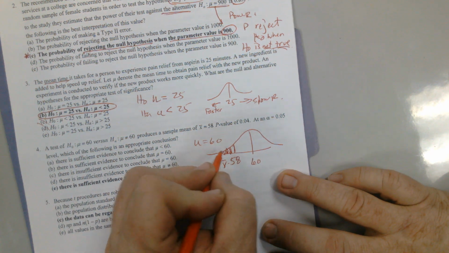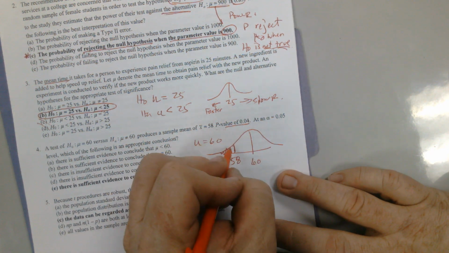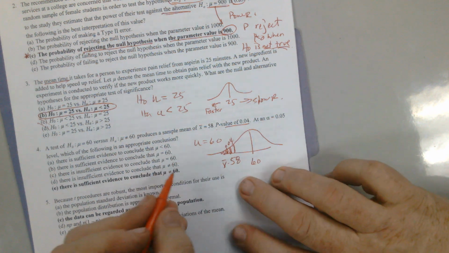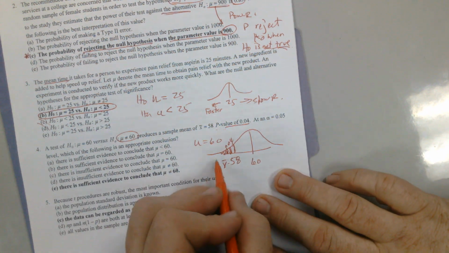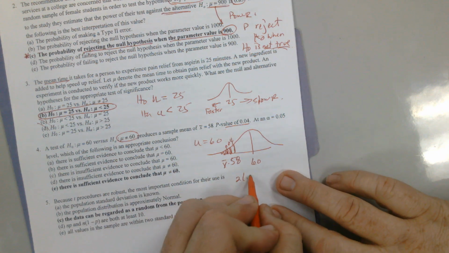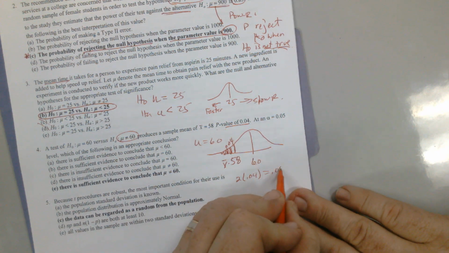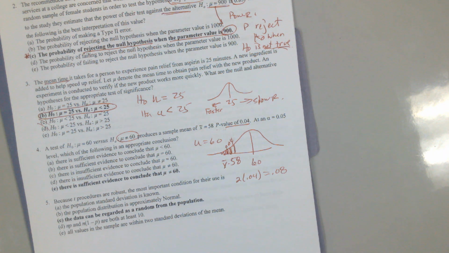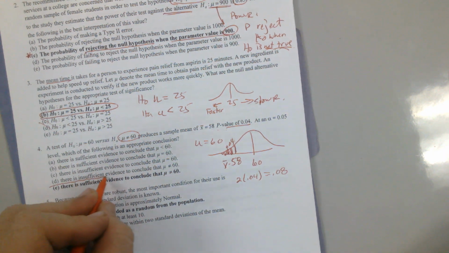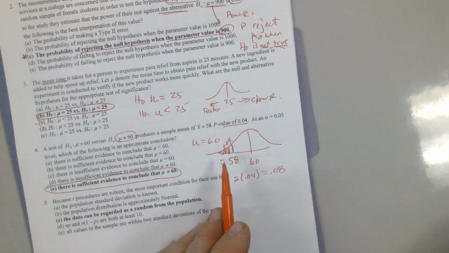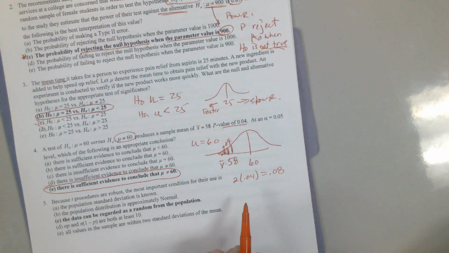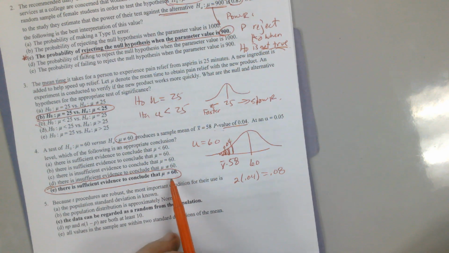So this side here, I would read it as 0.04, but it is a difference. So you're going to have to multiply 2 times 0.04, which gives you 0.08. So that's very interesting that they give you this answer right here, that there is sufficient evidence to conclude. I don't know, guys. Either way, I guess that'd be the only correct.